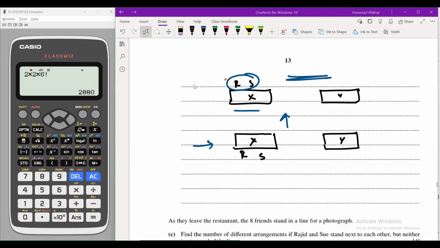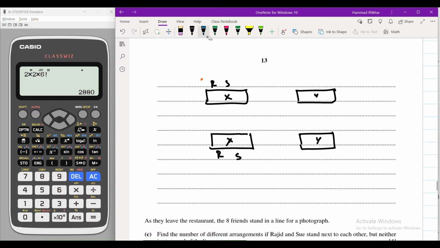Right, okay. So if we now take a look again, the two possible arrangements of R and S are 2 factorial each. And for the rest of the two places on table X, we have to choose from 6 people now, right?